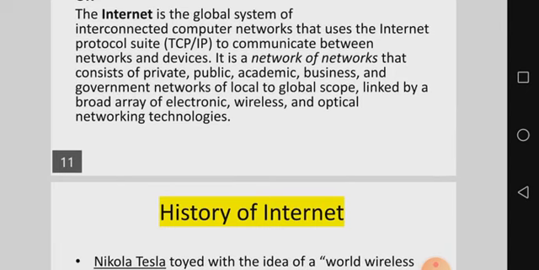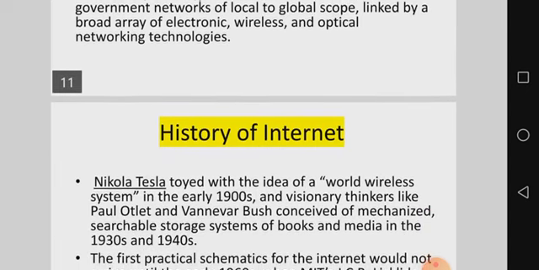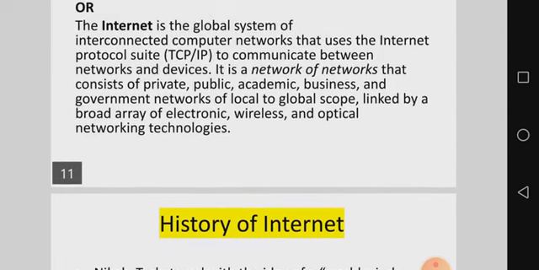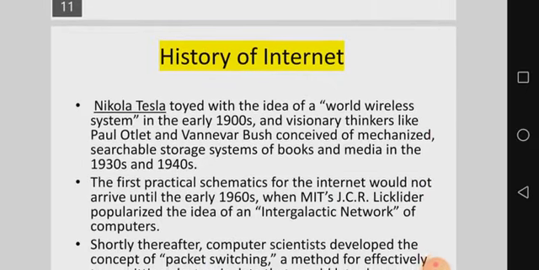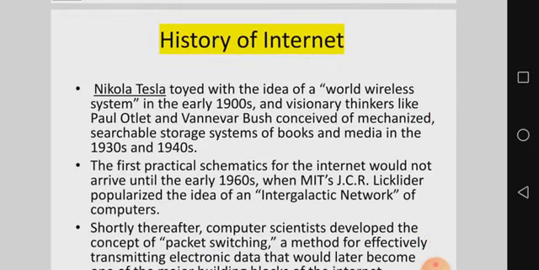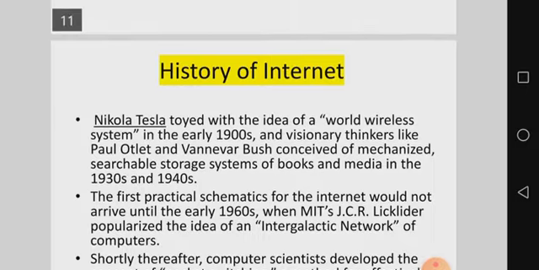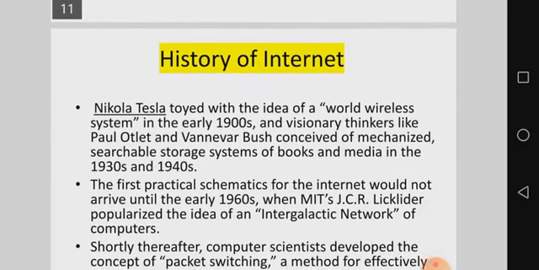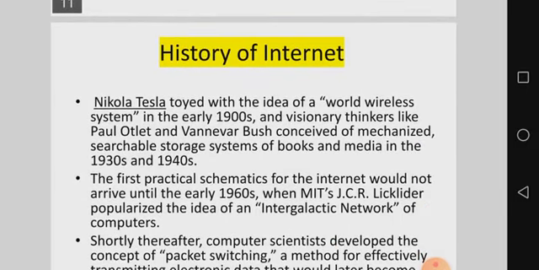We'll discuss more when we come to the uses of the internet, but right now you can simply understand that many computers are connected with one another, the area of their connectivity is global, and we can exchange information among these systems. Deeper studies will be done later on. Now let's see how the internet came into existence. We'll talk about the history of the internet.